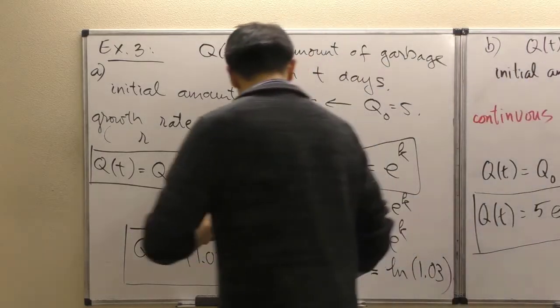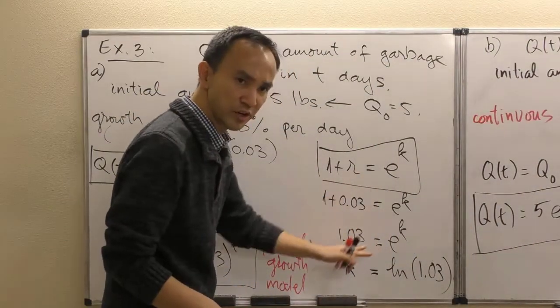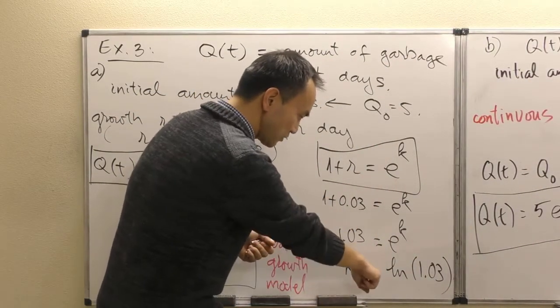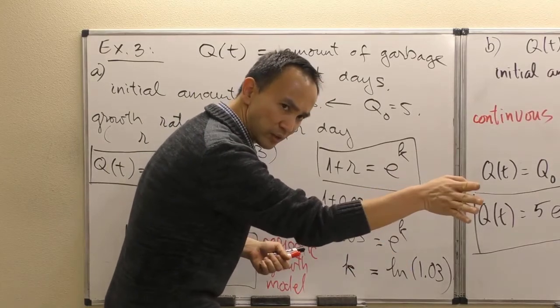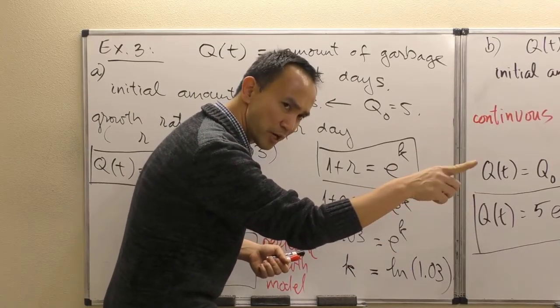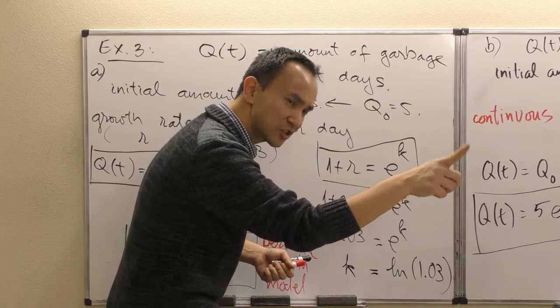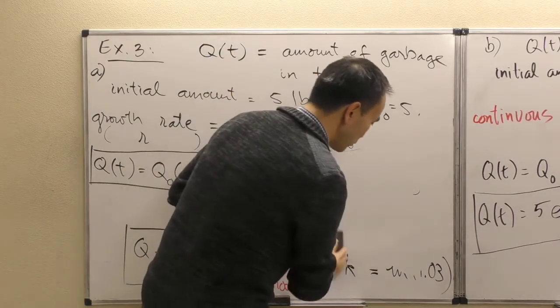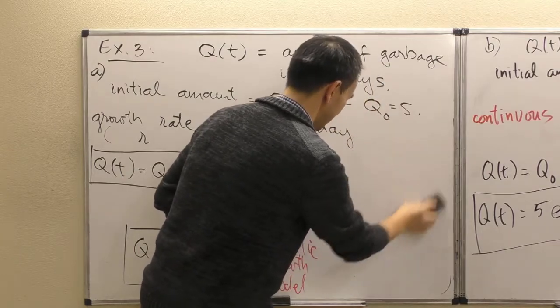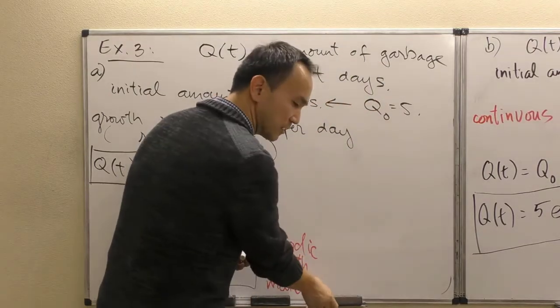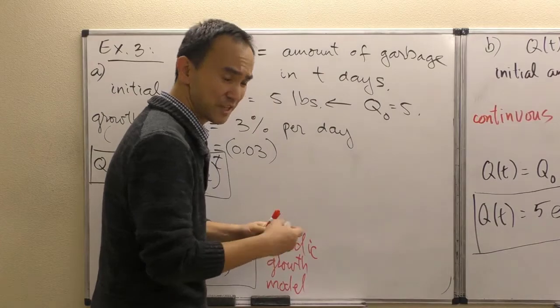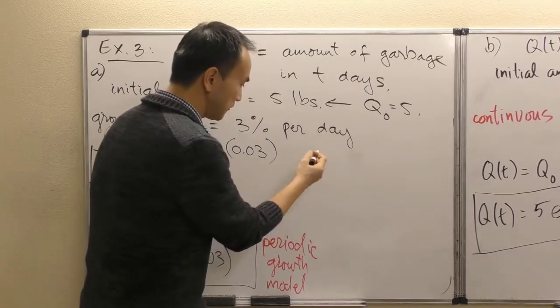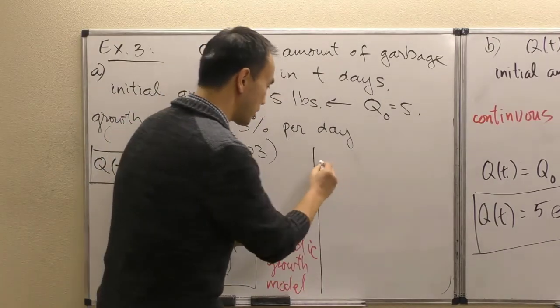And so in that way, I am now ready. So allow me to erase all this. The natural log of 1.03, according to the calculation we've had earlier, is 0.02956 if we're rounding to 5 decimals. So now we are ready. Even though it was not asked for, we can still find the continuous growth model as follows.